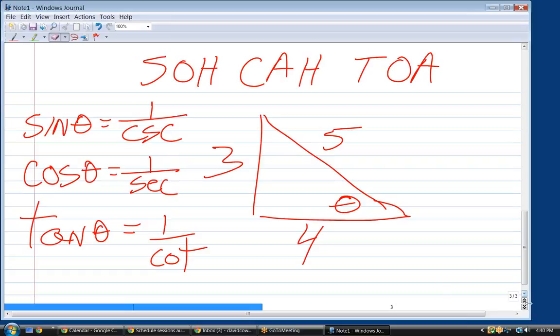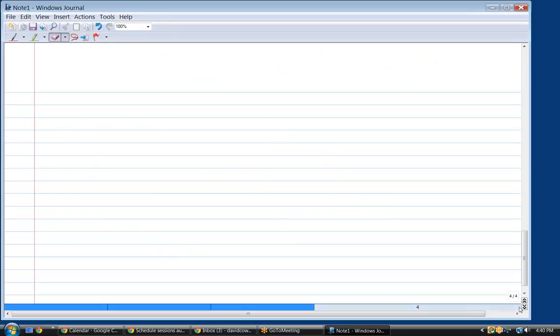Okay, well, it sounds like you got the basic stuff down pretty good. What kind of stuff are you working on right now? Or what kind of stuff are you having difficulties with? So right now I have in front of me, let me just read the directions to you, and I'll give you an idea. Evaluate without using a calculator by using ratios in a reference triangle.